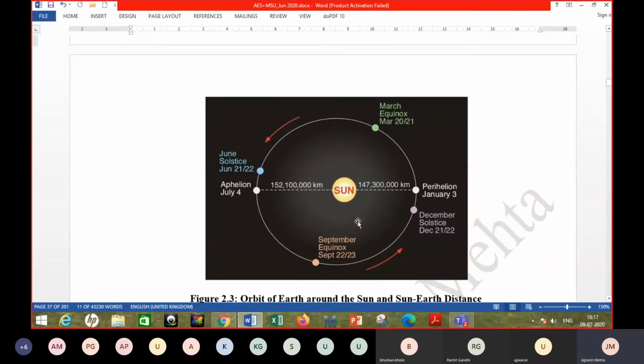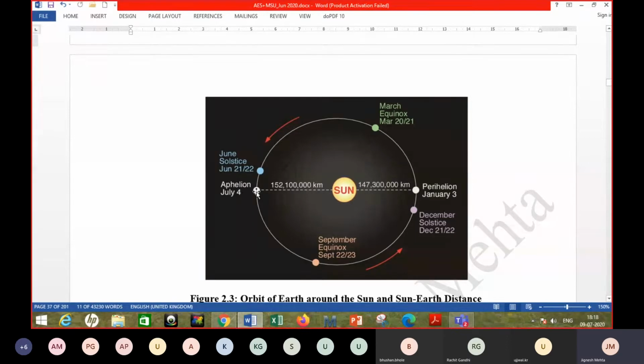So because of this, the available solar radiation outside Earth's atmosphere, which is called extraterrestrial radiation, is also different on different days of the year.